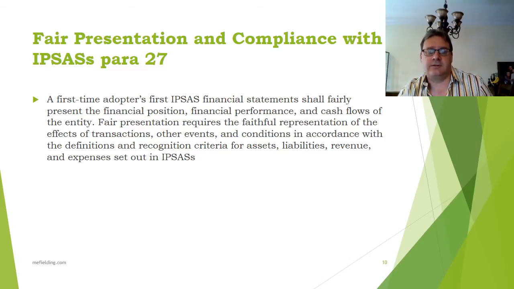Now, if the government of Scotland gives money to the United Nations and the United Nations runs a project in Burkina Faso, for example, the argument would be that is a non-exchange transaction because the government of Scotland does not get the benefit of the project. The benefit of the project goes to the government of Burkina Faso. So that would be a non-exchange transaction.